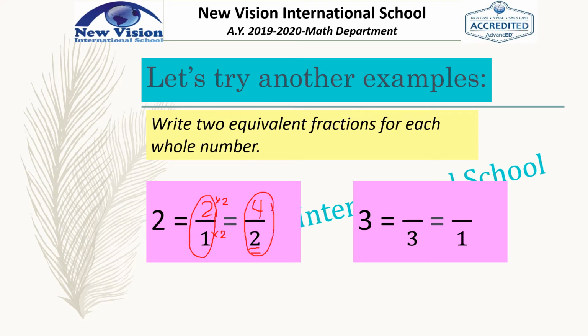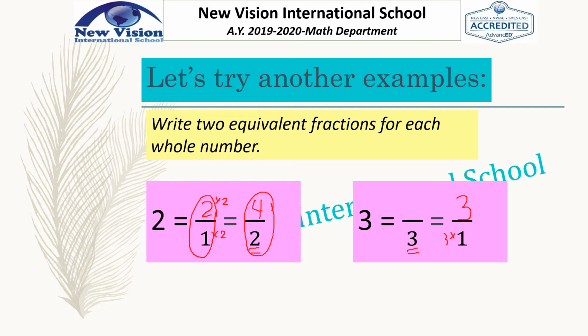Okay, now we have here the whole number 3. Again, we know that another way of writing the whole number 3 as a fraction is writing 3 as the numerator and 1 as the denominator. Now we can see that on the other fraction, we have here 3 as the denominator, giving us the idea of multiplying 1 with 3. So 1 times 3 is 3.